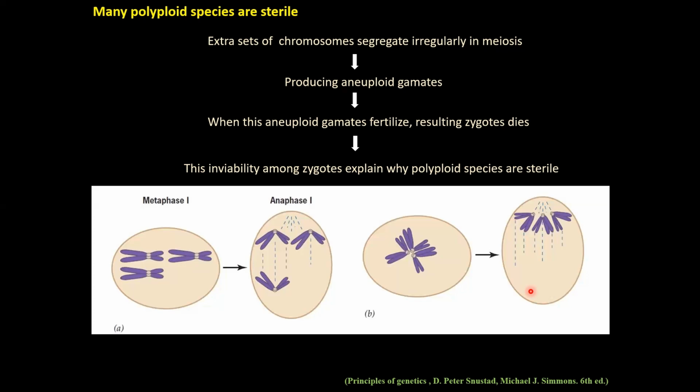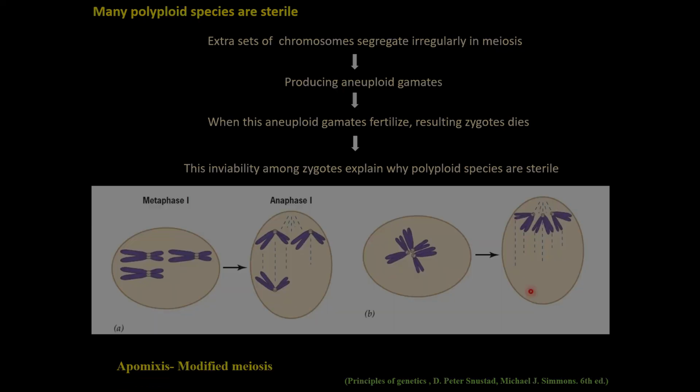In nature also, polyploid plant species can reproduce asexually, and one of those mechanisms is apomixis. Apomixis is a mechanism which involves modified meiosis, and this type of meiosis produces an unreduced egg. This egg forms seeds that finally germinate into new plants. An example is dandelion weeds.